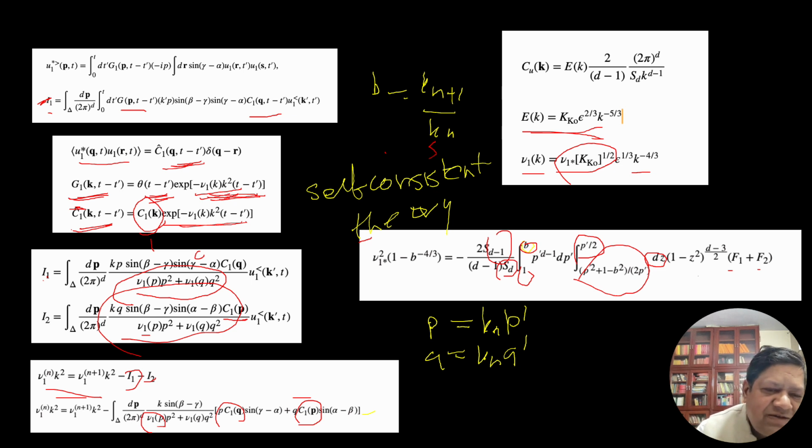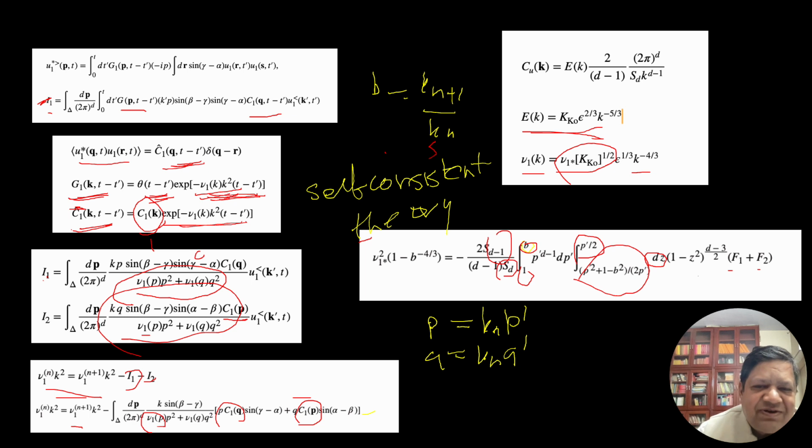Now remember, what will nu n plus 1 be? If I put it here, that will be kn plus 1, and that will have a factor b. And nu n has k, so that will be kn.